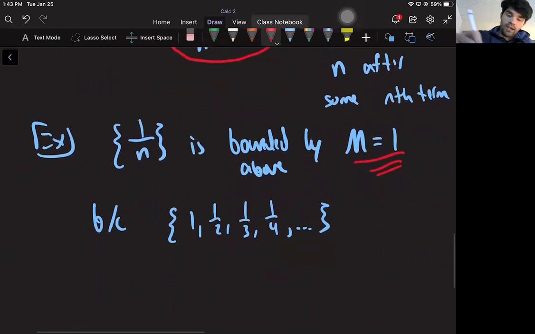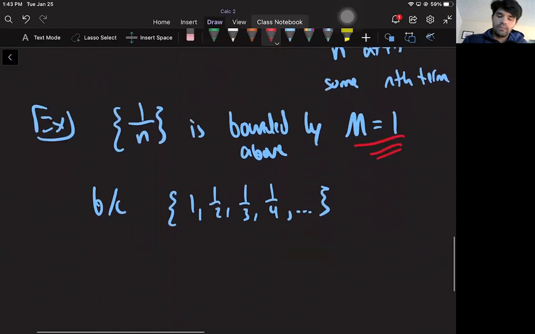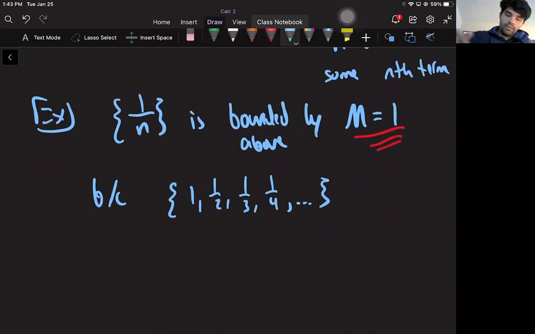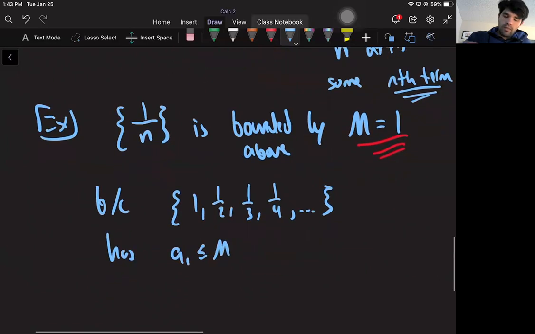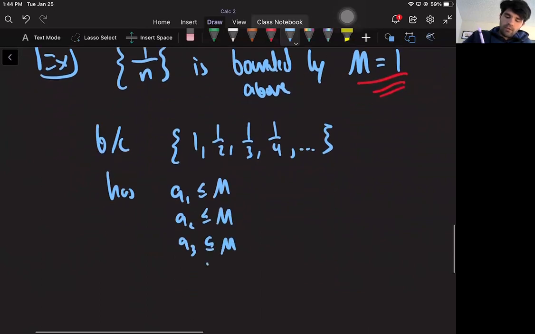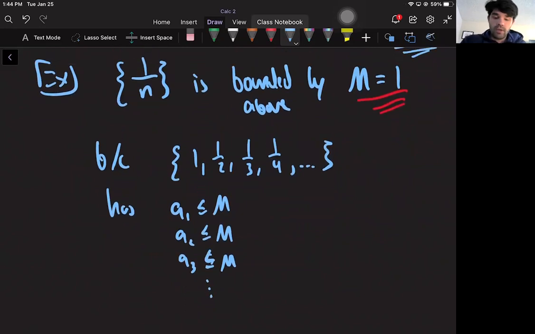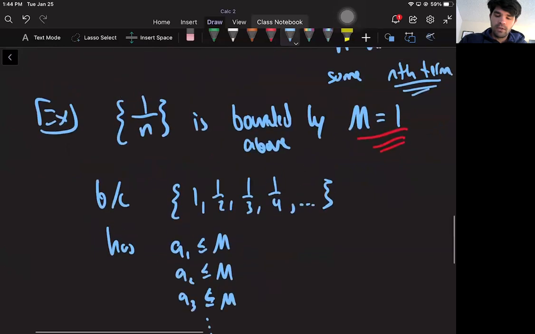Yes. In fact, right away, they're all less than or equal to 1. So after which term? After the first term. So it has a 1 less than the bound, a 2 less than the bound, a 3 less than the bound, forever. So they're all starting from the very beginning less than or equal to the bound. So that's why the sequence is called bounded above.